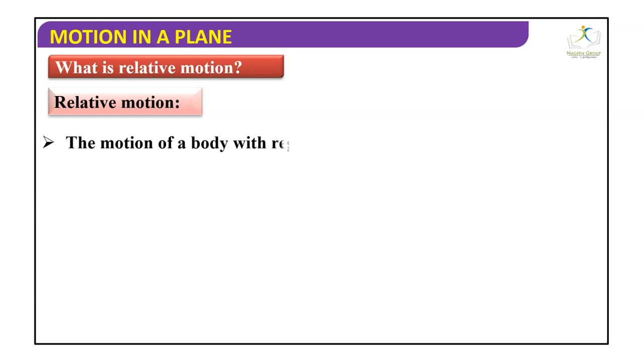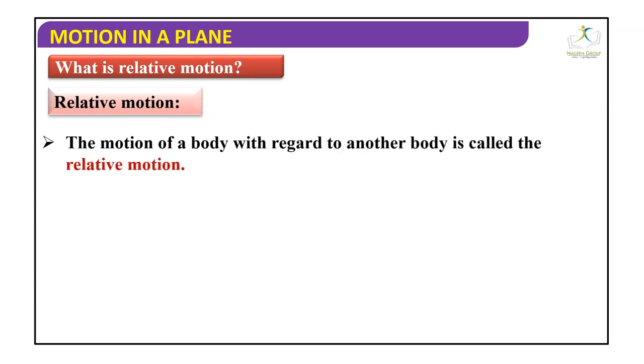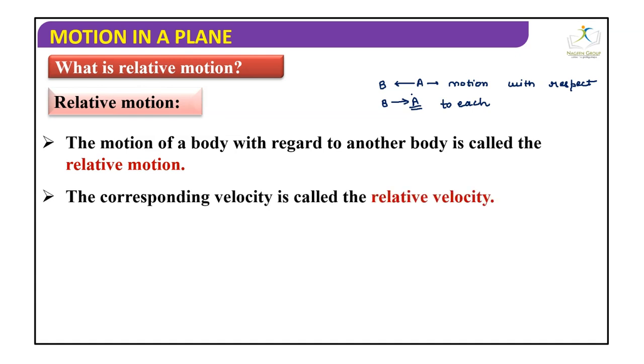Relative motion: the motion of a body with regard to another body is called relative motion, meaning motion with respect to each other, like the motion with respect to A for B and B for A. So the corresponding velocity is called relative velocity.